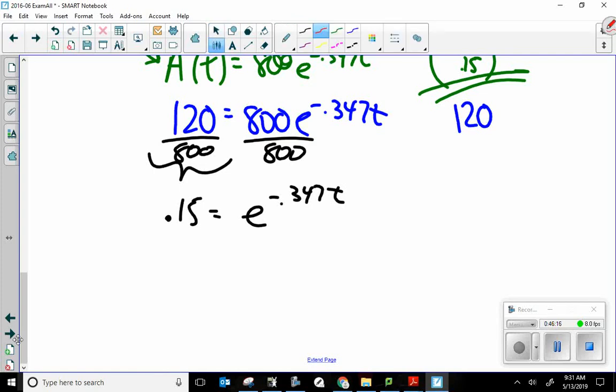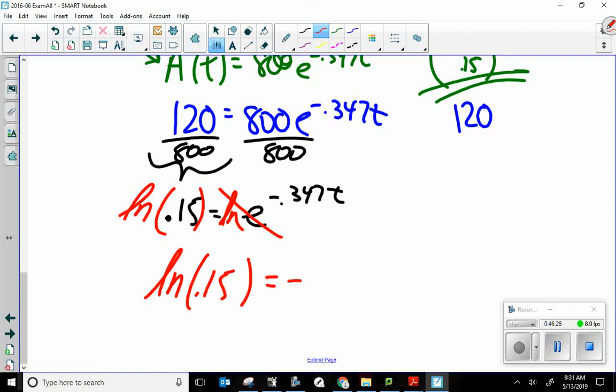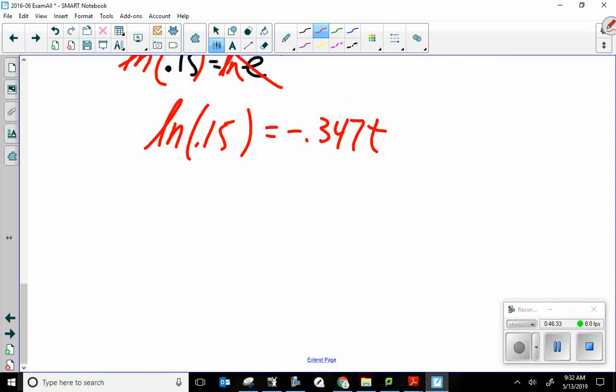If only there was a way to get rid of my e. Friends, natural log and e cancel. So I'm going to take the natural log of both sides. So the ln of 0.15 equals negative 0.347 t. I'm down to one final step. Divide both sides by negative 0.347.